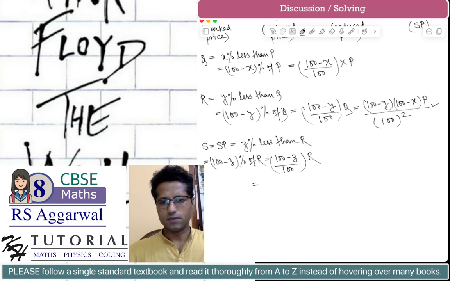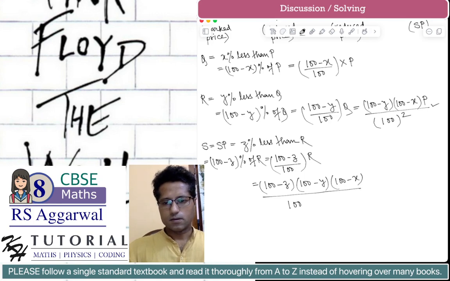So finally S becomes (100 minus Z) multiplied by (100 minus Y) multiplied by (100 minus X) divided by 100 cube multiplied by P.